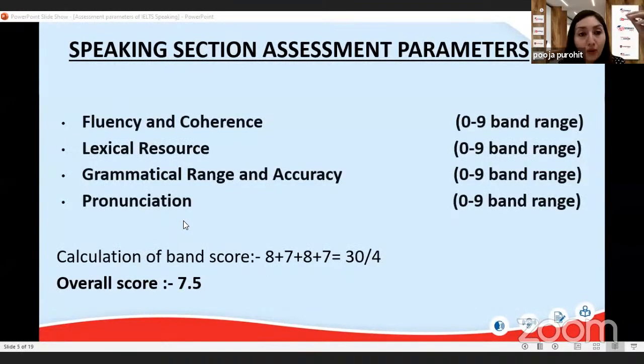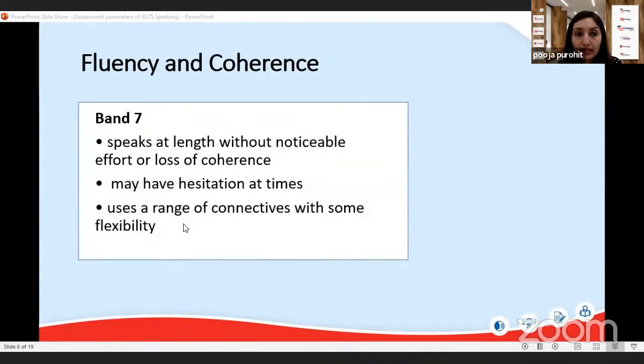So all these 4 parameters, people, hold a 25% weightage where you're given 1 band for each of the parameters, and then an overall score is calculated. Now, when I talked about fluency and coherence, for any candidate to achieve a band 7, what are the parameters?